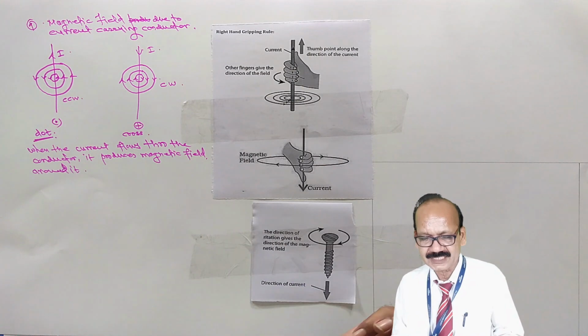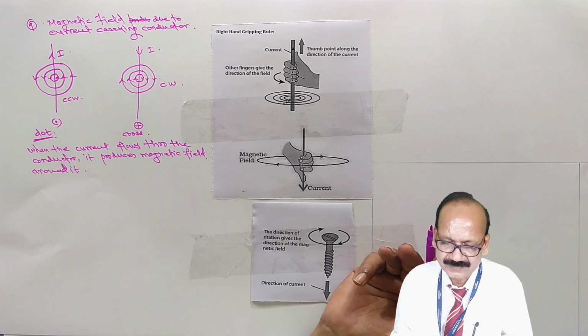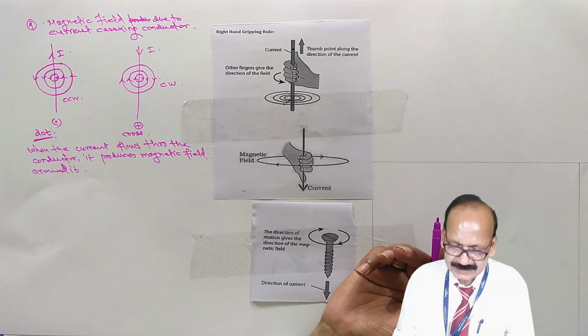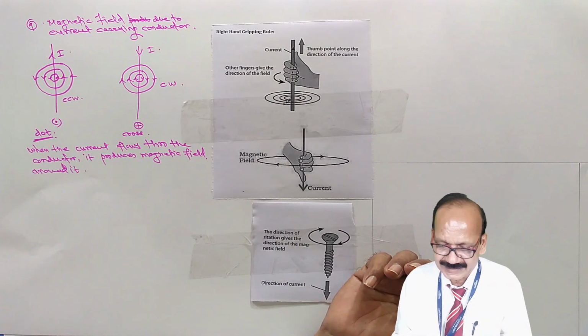The direction of magnetic field depends on direction of current flowing through the conductor. And this can be obtained by using the right hand gripping rule.